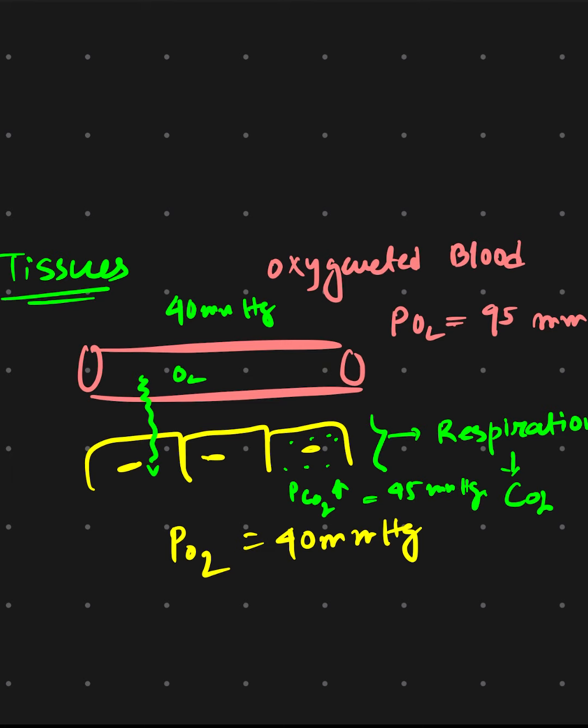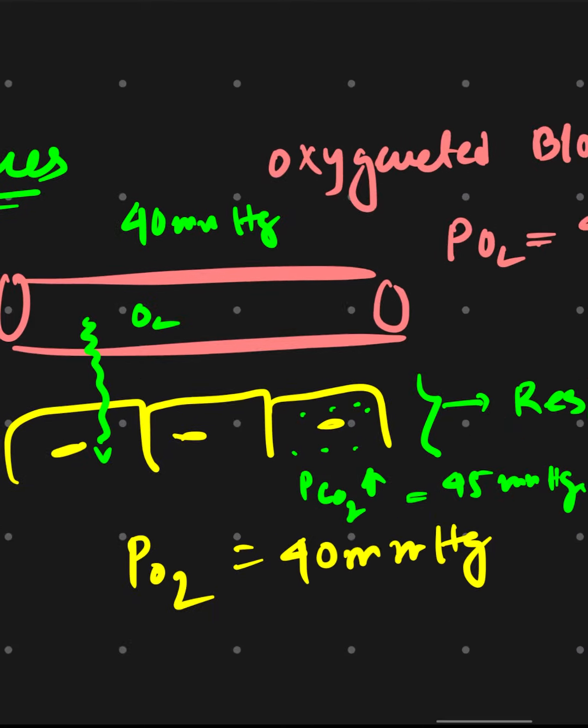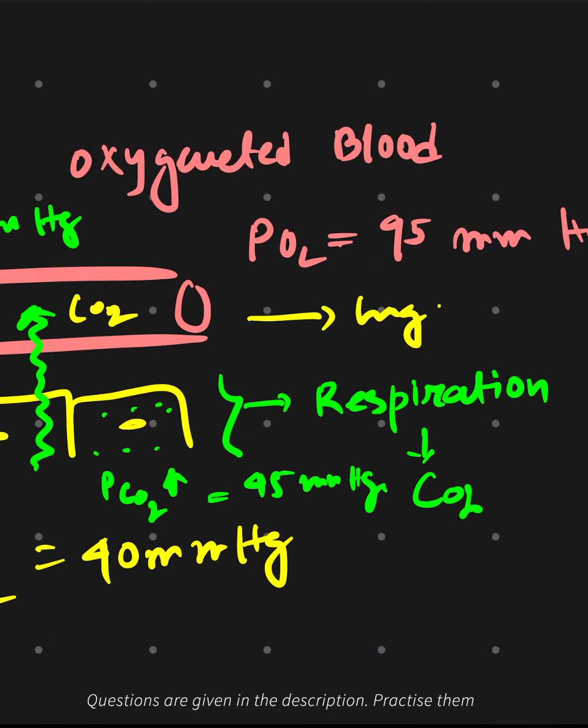So what will happen, as you have guessed, is that the carbon dioxide flows from the tissue to the blood capillaries and it is then transferred to the lungs.